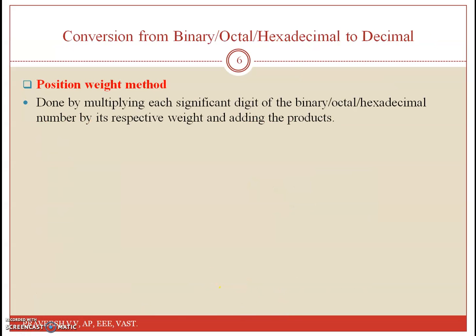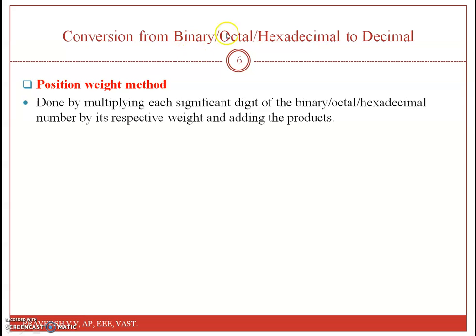Now the conversion from binary, octal or hexadecimal to decimal. Here the method used is the position weight method. In this method we multiply each digit by the corresponding position weight, and then sum up all the values to get the equivalent decimal number.